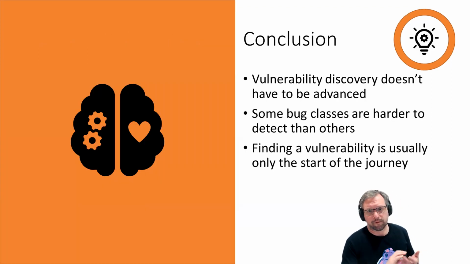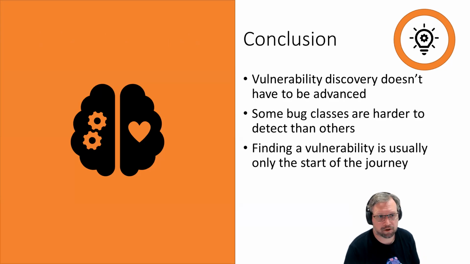So in conclusion, vulnerability discovery doesn't have to be advanced. As we saw at the very start, you can grep for SSL TLS misconfiguration, you can get a CVE super easy. You don't have to be particularly skilled at it.